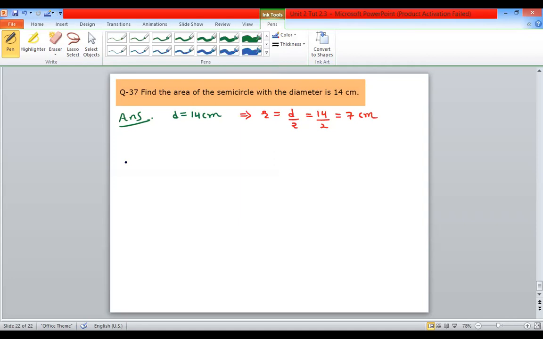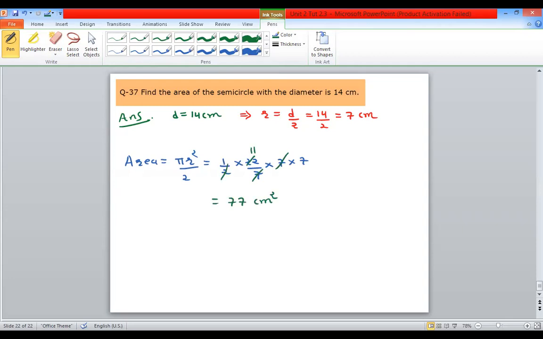Area is just what we got before in the example. It's pi r square by 2. Put the values. So 22 by 7 and into 2. So 1 by 2. 22 by 7. R is 7 centimeter. 7, 7 cut. It's 11. It's 77 centimeter square.